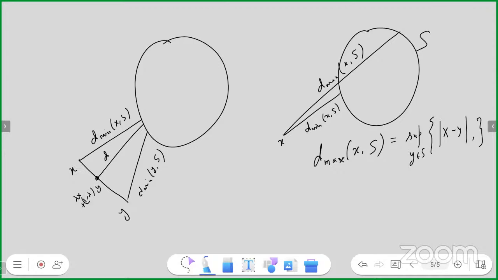Now let's call this d min of theta comma S. So what inequality has to be true for this function to be convex?